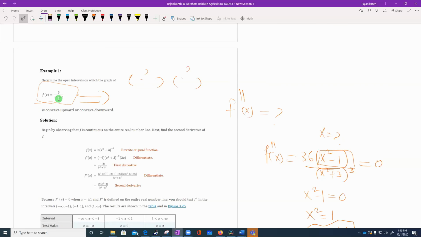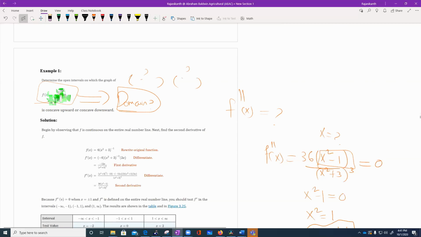Wait. My question was finding the domain, right? What does domain mean? Domain means the points where the function is well defined, right? That means if you plug in any real x value, the function makes sense. You will get a good number. Why?